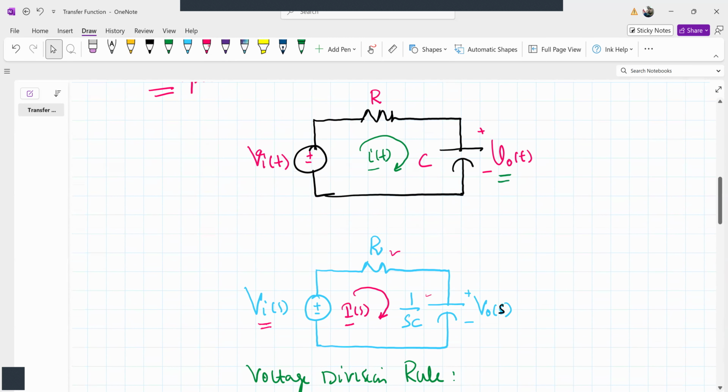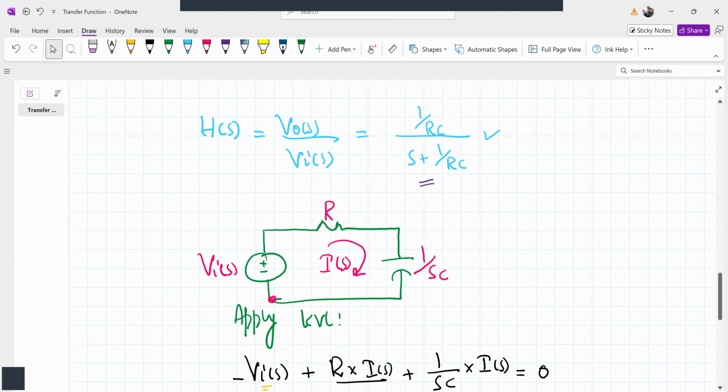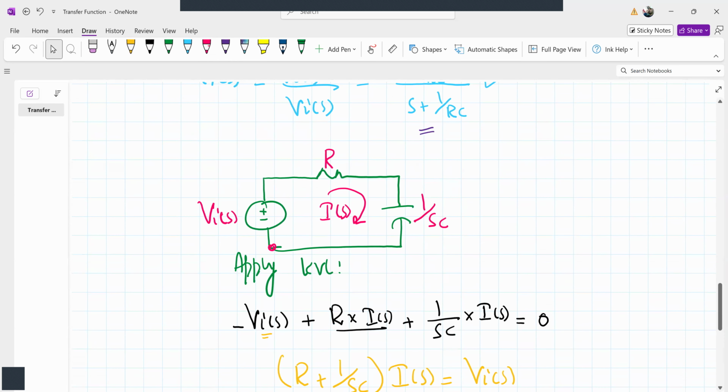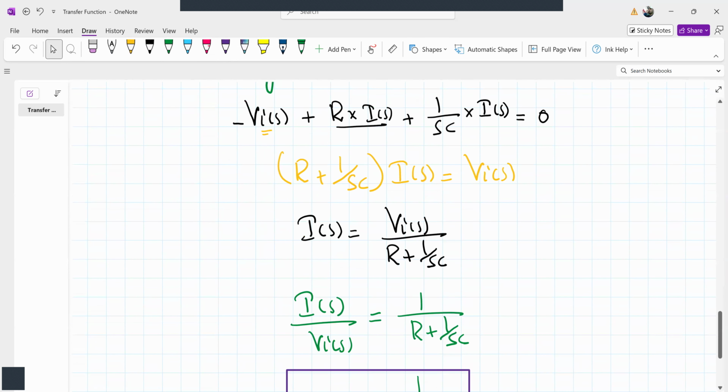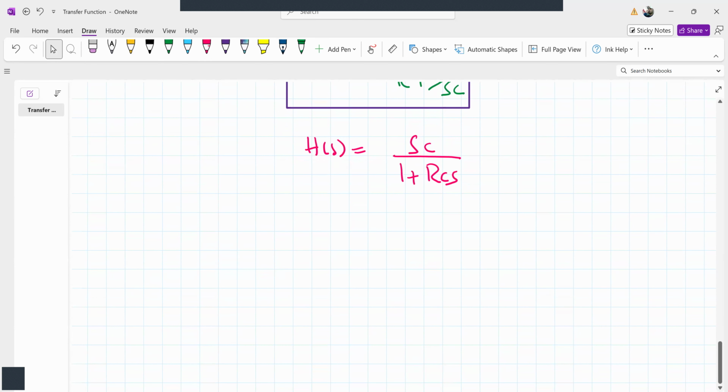Very simple. Similarly, in phasor domain, we write output phasor divided by input phasor is the transfer function of the network. Output phasor divided by input phasor is the transfer function of a network in phasor domain.